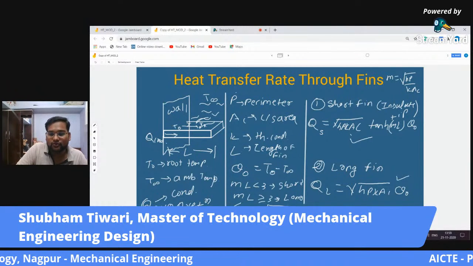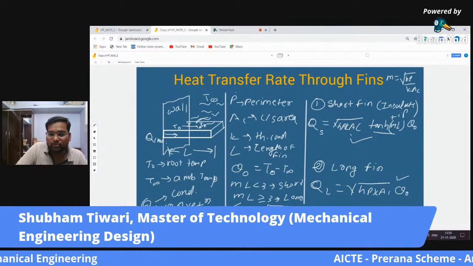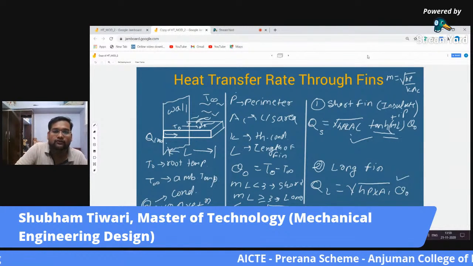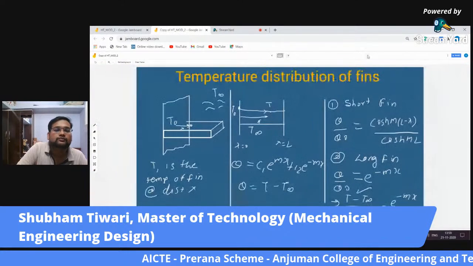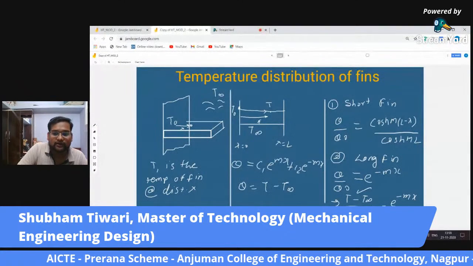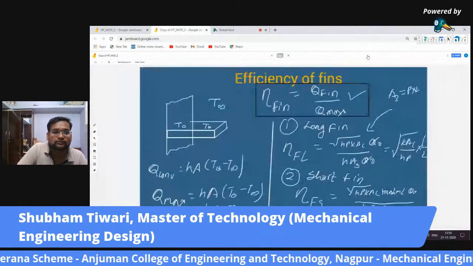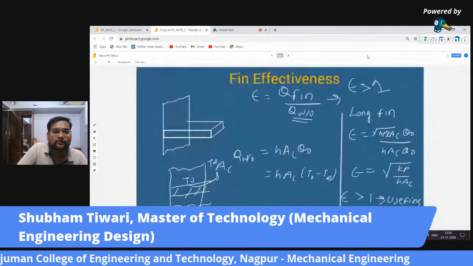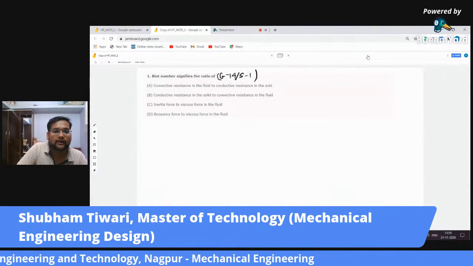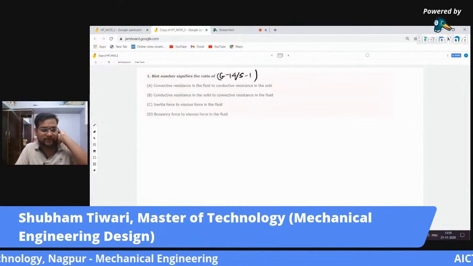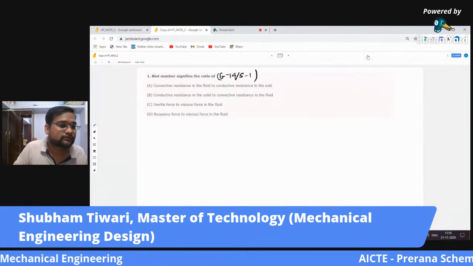Please always note that the short fin has a complex formula as compared to the long fin. Then we saw temperature distribution, fin efficiency, fin effectiveness, and let's now directly move towards our questions.